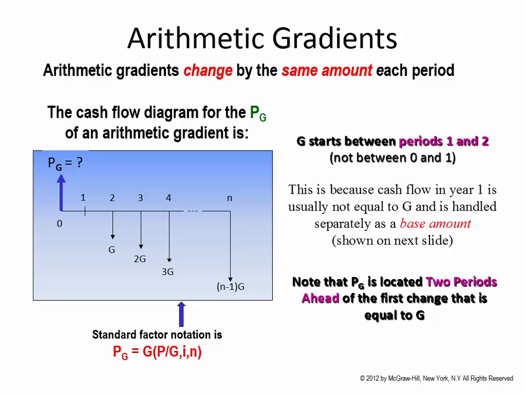So these gradients are kind of rare, but occasionally there are situations where the structure of the loan is such that the bank would give you a little bit of breathing room so that your business can grow and you don't have to start making the payments immediately. But then over time, your payments get larger because they know that whatever equipment you've purchased is more productive and your revenue is growing.